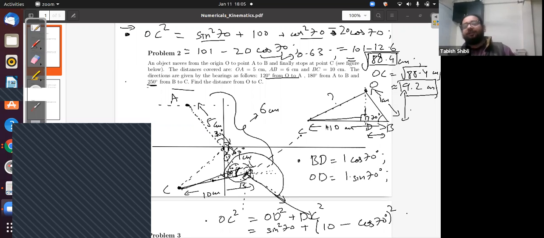If you're given a triangle like this, you can always imagine a perpendicular dropping from the top point to the bottom, and you say that this is 90 degrees. Then you can just use cos and sine in order to find out the perpendicular and the one that is below the base.